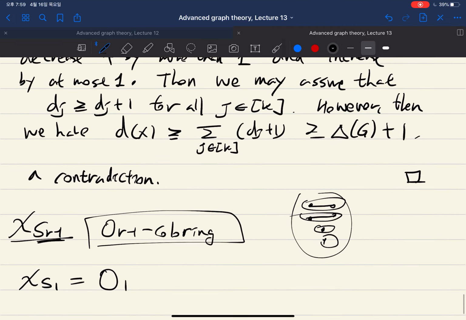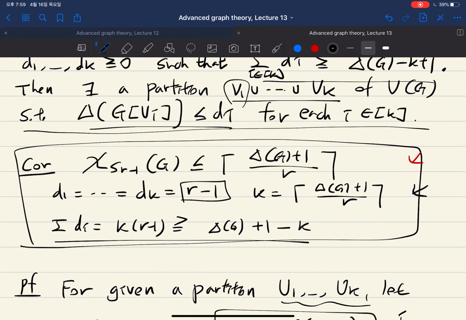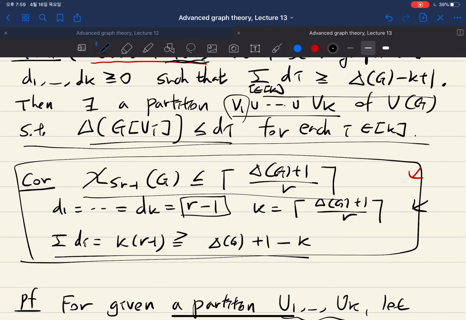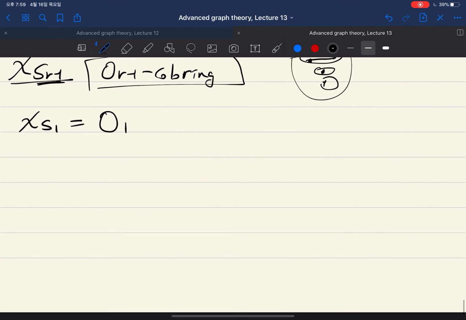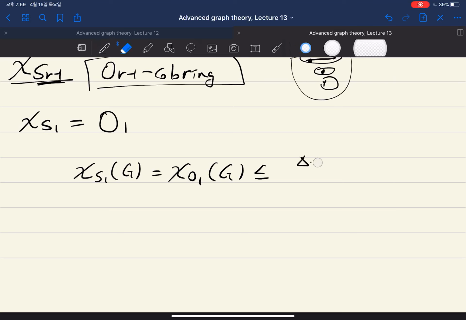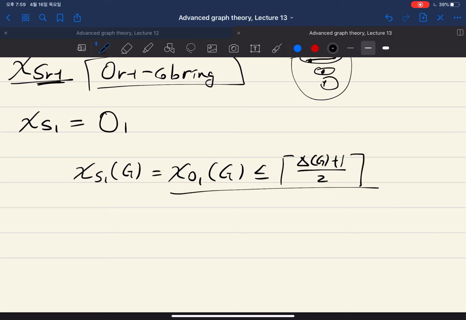So if you apply that to this corollary, then you get the upper bound (delta of G plus 1) over 2. So this provides an upper bound for O_1 coloring.